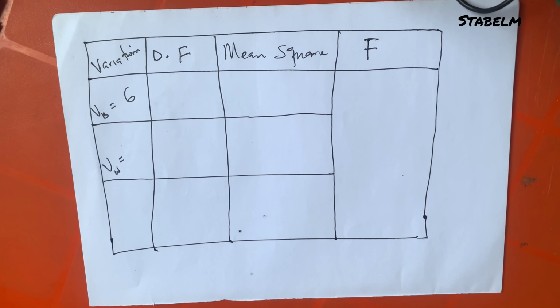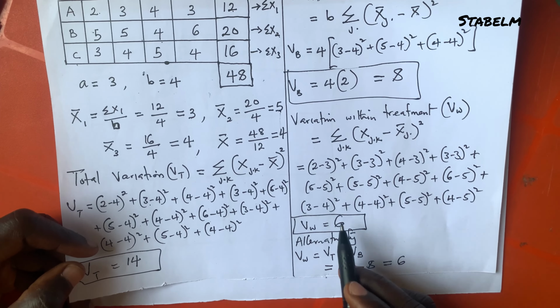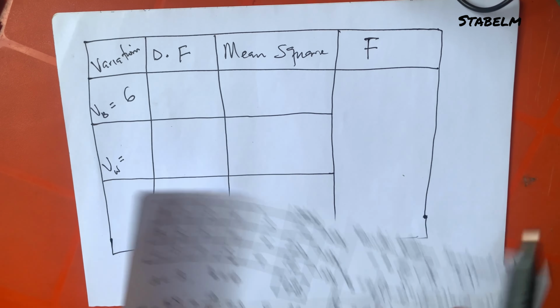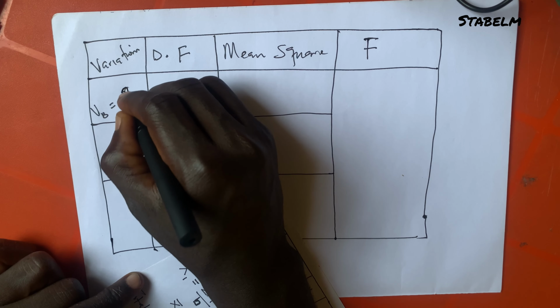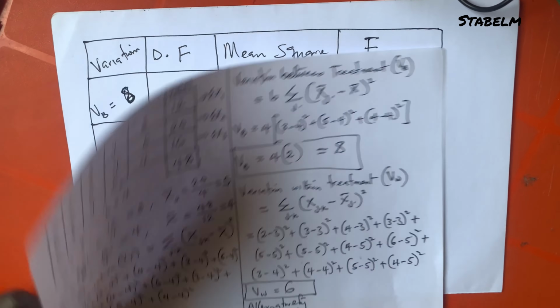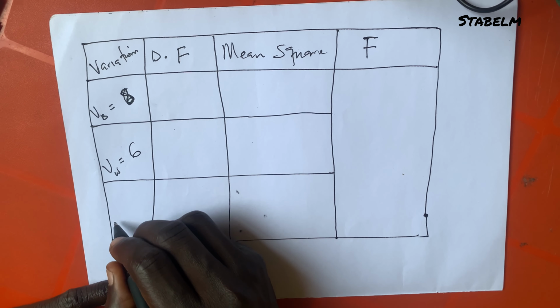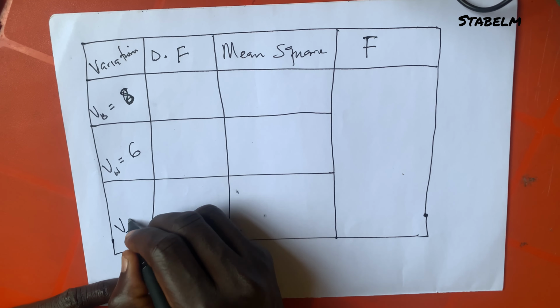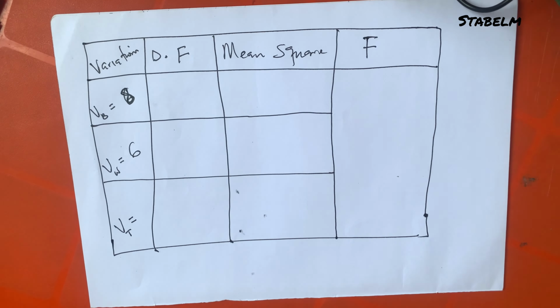Sorry, it's like I've made a mistake here. Variation between treatment is 8, so therefore this is going to be 8. Sorry about that. Variation within treatment is 6, so here we have 6. And finally we have total variation, and total variation right from here is 14. So we have a 14 here.